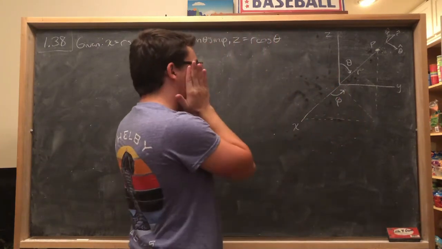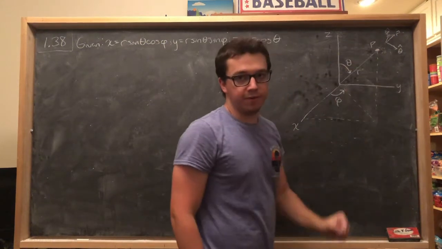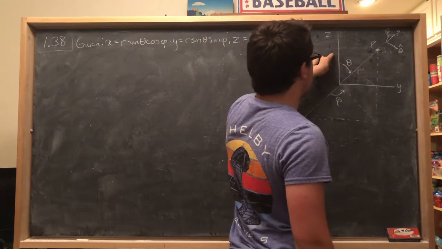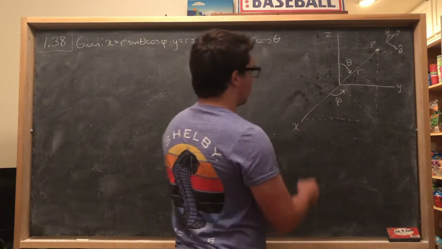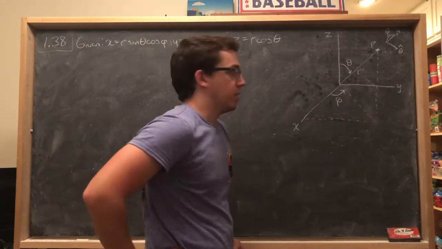And so we can see naturally that r would range from 0 out to infinity. Theta runs from 0 down to pi, and our azimuthal angle will run all the way from 0 to 2 pi back around.